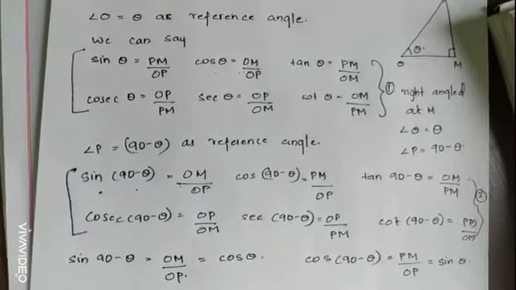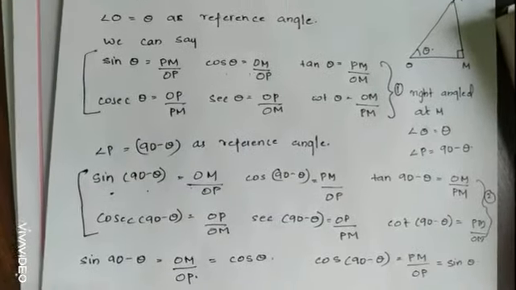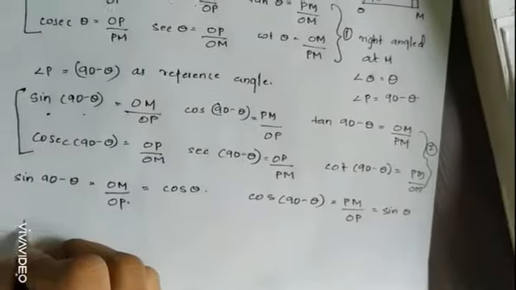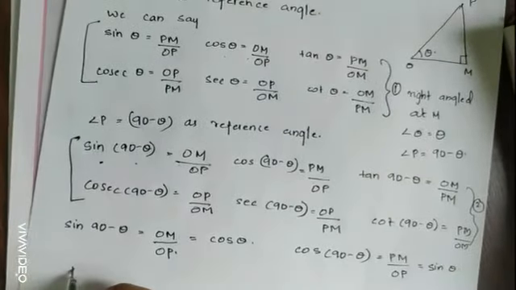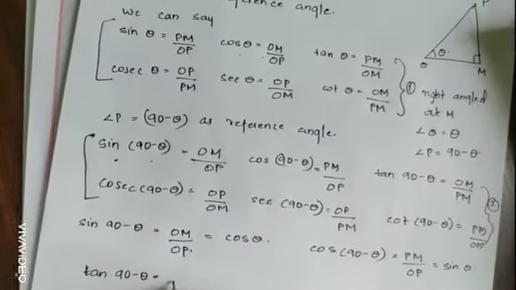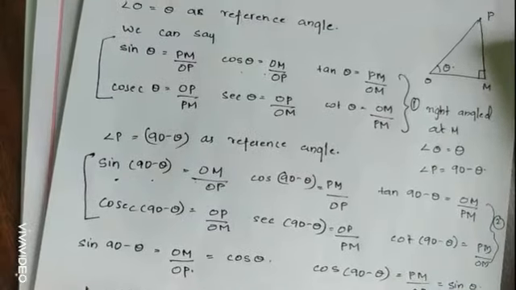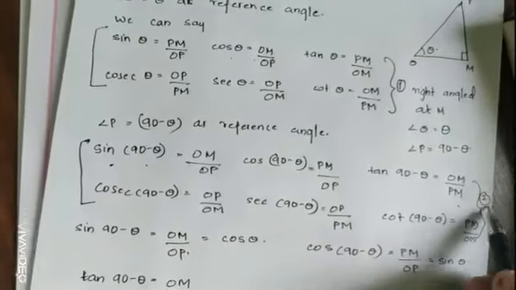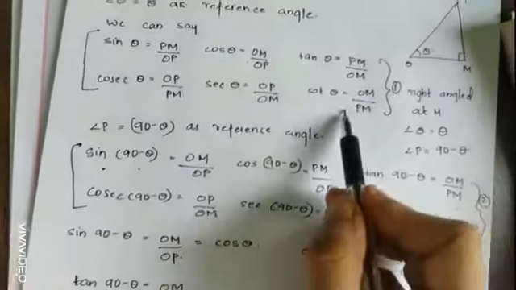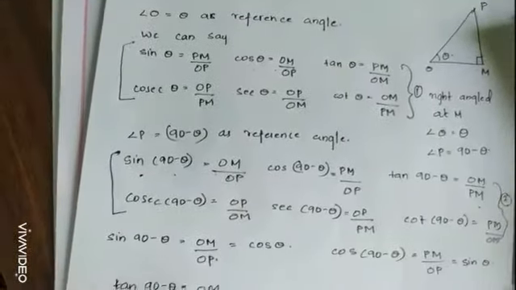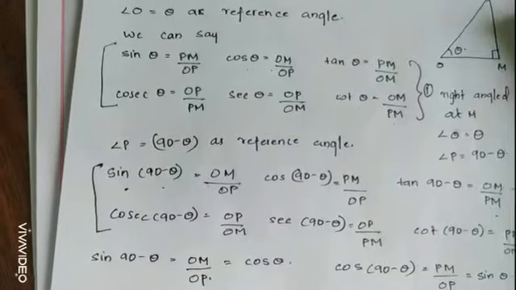Then we have tan 90 minus theta, which is equal to OM by PM in the second set of equations, and in the first set, OM by PM is the ratio of cot theta, so it is equal to cot theta.